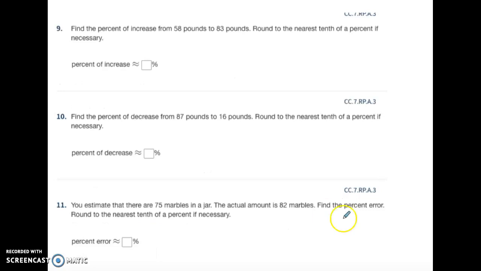Okay, next slide. Find the percent of increase from 58 pounds to 83 pounds. Remember, for these, we want the bigger number minus the smaller number over the original number. So 58 came first, over 58 times 100. So put it in your calculator.